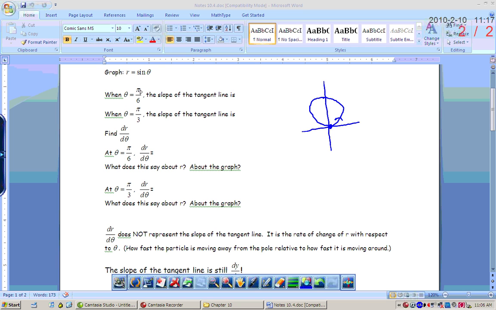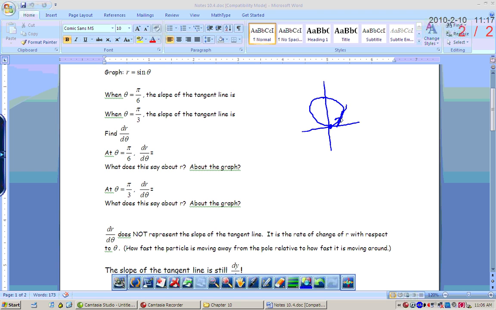All right, when theta is pi over 6, so remember we're starting when theta was 0, and then we're going around like that. So where do you think theta is going to be at pi over 6? Yeah, kind of on the right. So like maybe about right here. Okay.